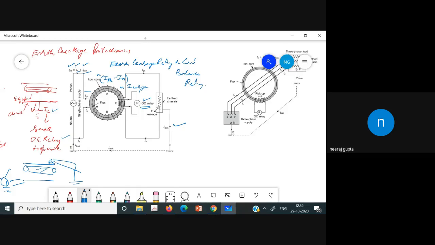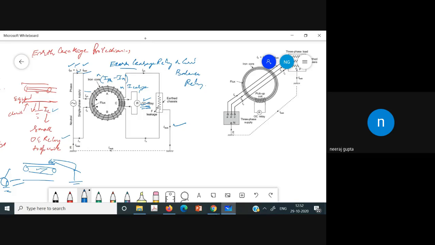This MMF sets up a flux in the core, causing a voltage to be induced in the pickup coil, and the overcurrent relay therefore gets energized and trips. So whenever the fault occurs and the leakage current is there, the overcurrent relay will trip, and this type of protection is known as the earth leakage relay or the current balance relay.